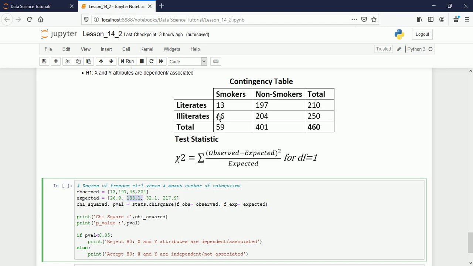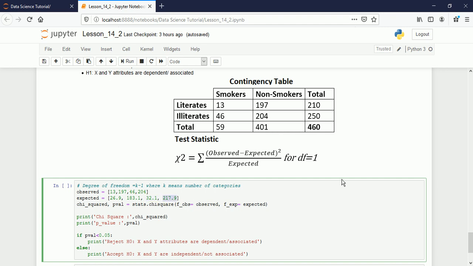For this one, I take the sum 250 into this sum, divided by this number. For the expected value, it is the sum of this row and the sum of this column, 250 into 401 divided by the total, and it gives me this value.